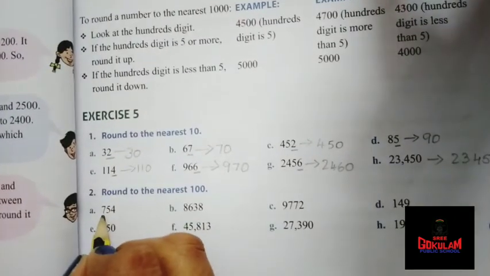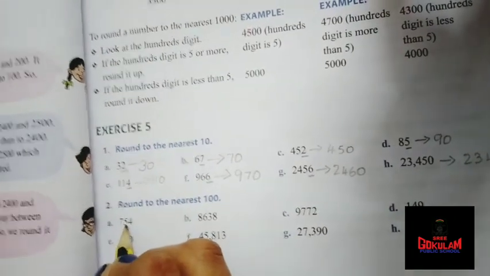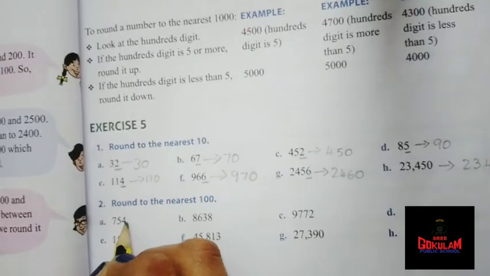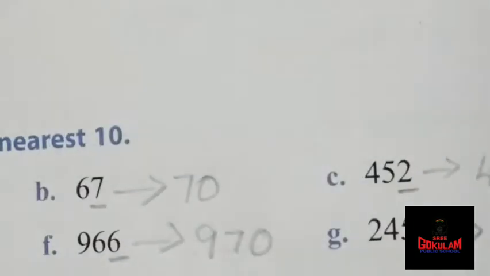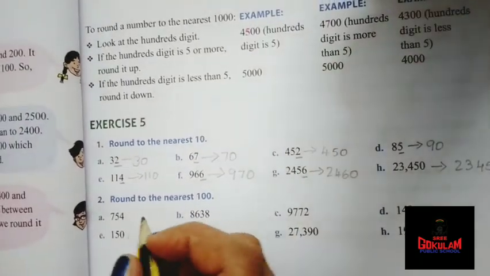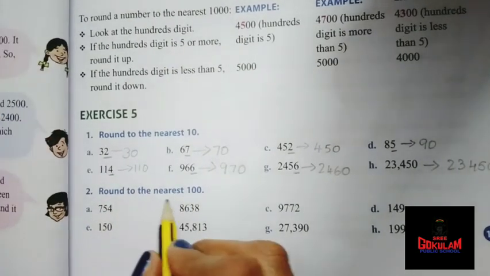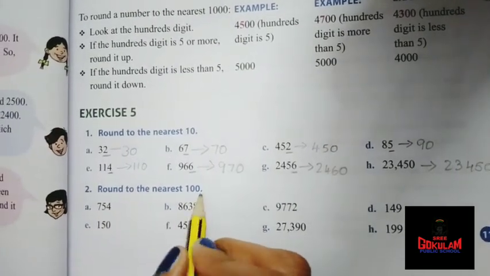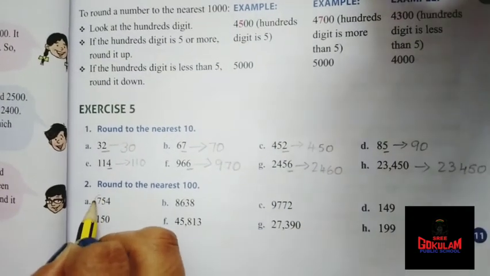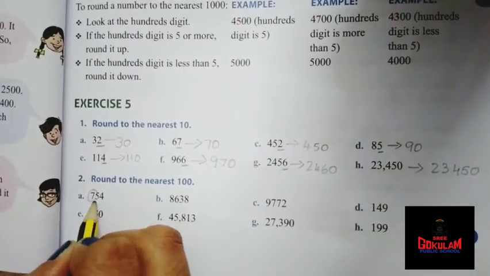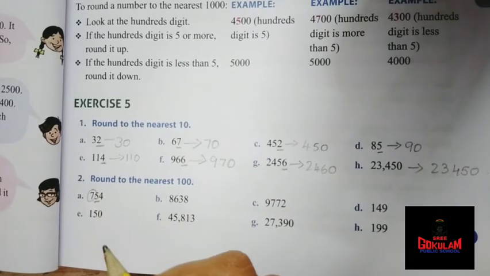Next one is round to the nearest 100. The first question, 754. As we have to round to the nearest 100, just circle the 100 place and underline the tens place.